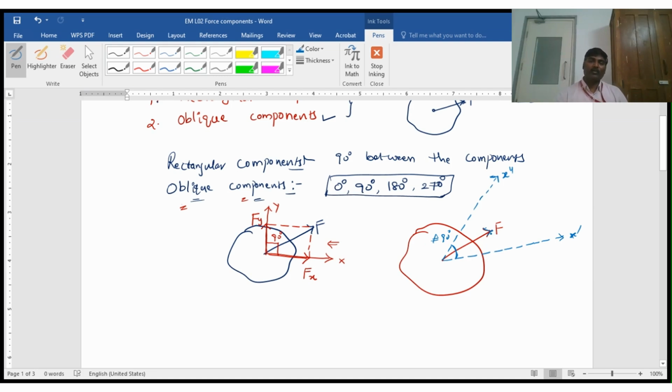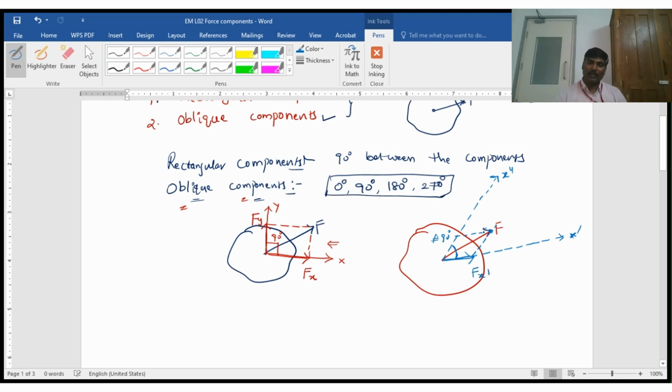Now how do you plot the components? Draw a parallel line at the head of the arrow. What you get is the Fx dash component. Similarly, draw a line parallel to this x dash line.